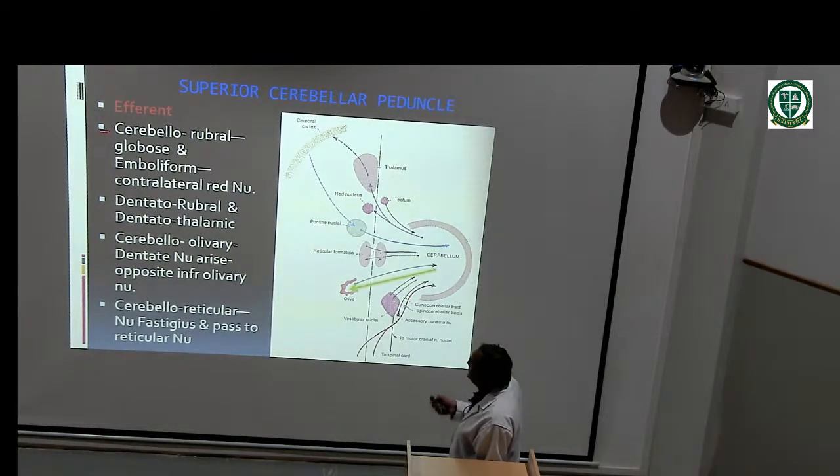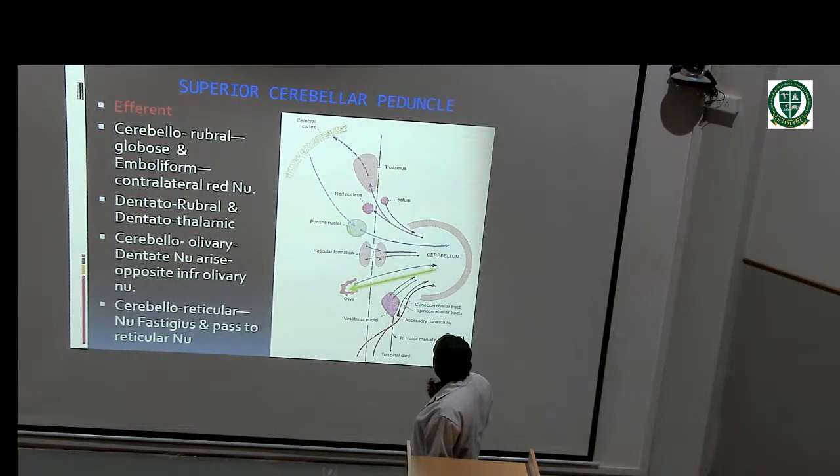They arise from the globose and emboliform nuclei of the cerebellum, and they will end in the contralateral red nucleus. Okay, these are the cerebello-rubral fibers.